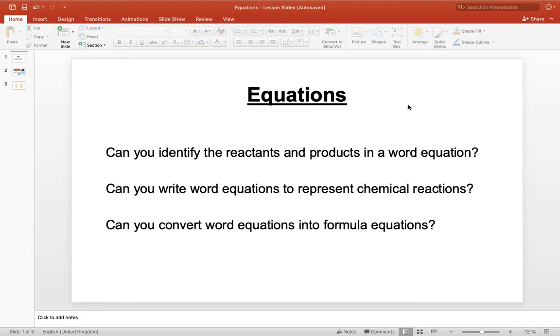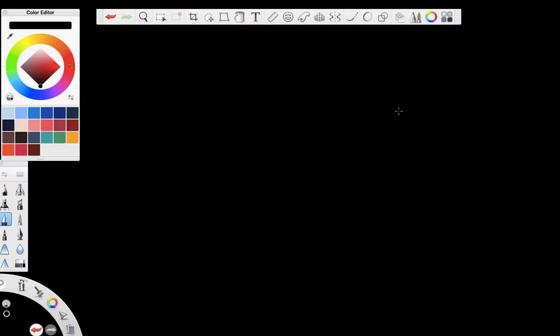So revisiting what we said last lesson, we can start by defining what a chemical reaction is.